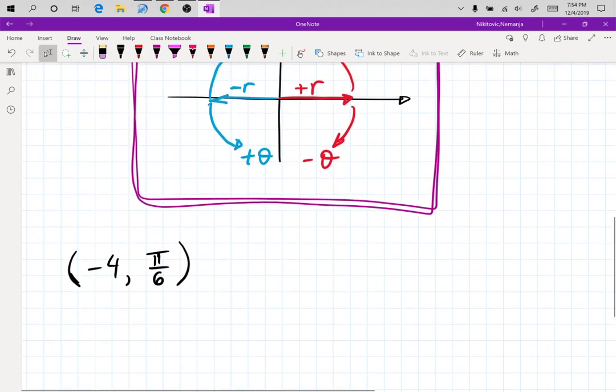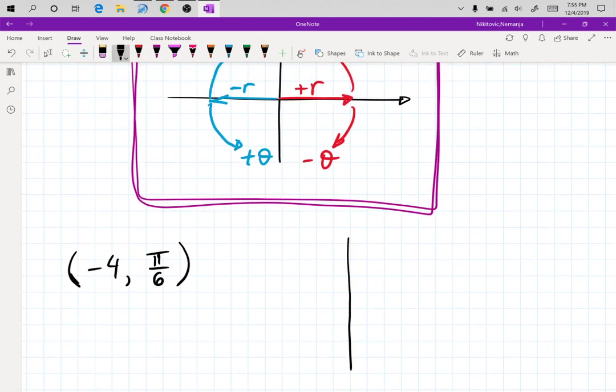We are going to start by getting -4. 1, 2, 3, -4. So go the radius out to -4. And then find 30 degrees, pi over 6, in a positive way. That's this way. And then we just swing this one down.